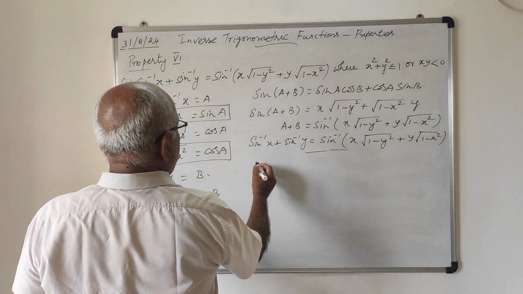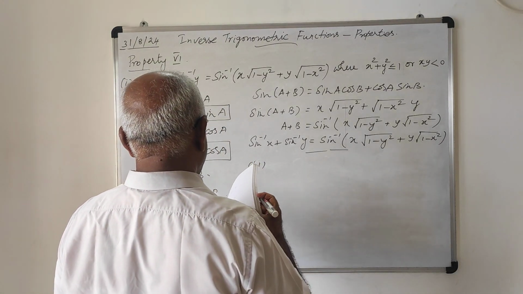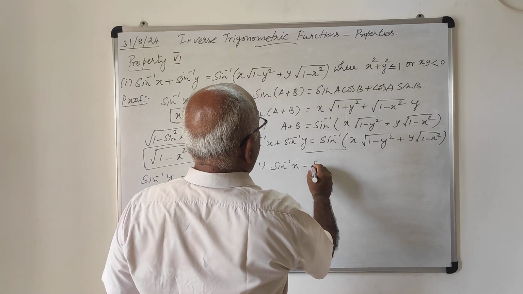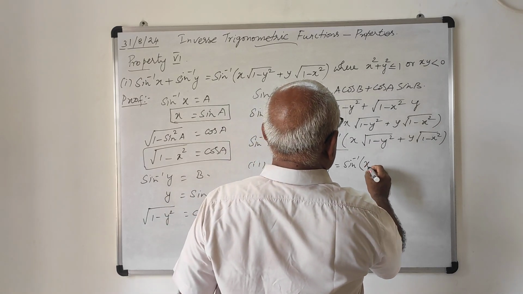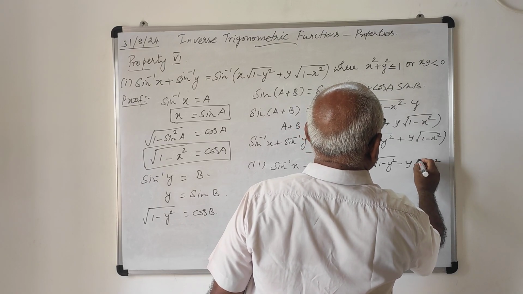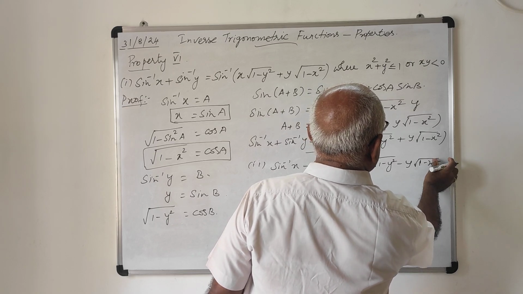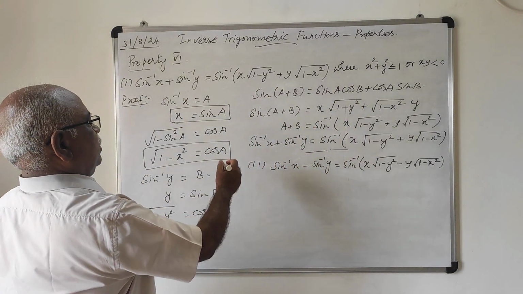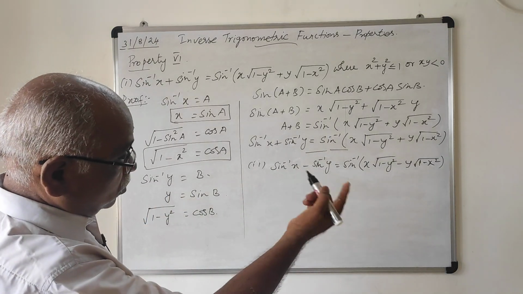The second one is sin inverse of x minus sin inverse of y equals sin inverse of x into root of 1 minus y square minus y into root of 1 minus x square.